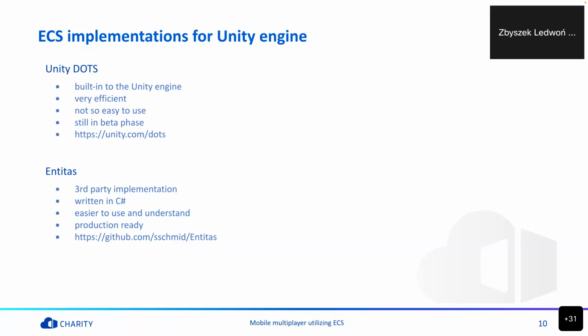The other implementation is a third party one written in C#. It's much easier to use and understand, and it's production ready, but it's not as efficient as DOTS. So I guess the future of ECS in Unity is DOTS. But this Entitas is good for starting with ECS games.